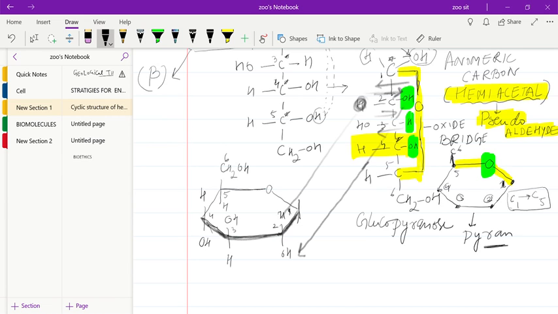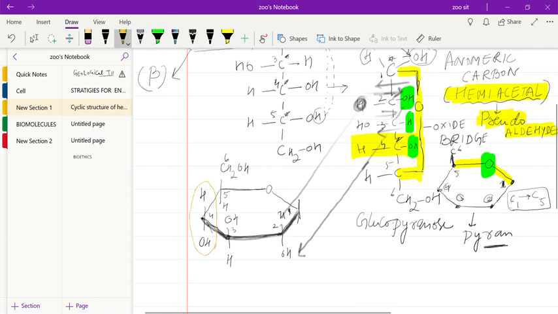But depending upon carbon number 1, the OH can be present in different positions. I would like to tell you that, as I already told you, the rule is that carbon number 4 will be taken for the D and L configuration.